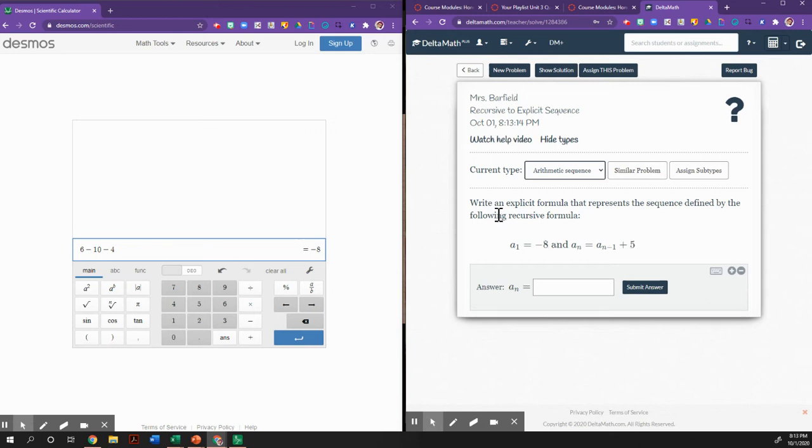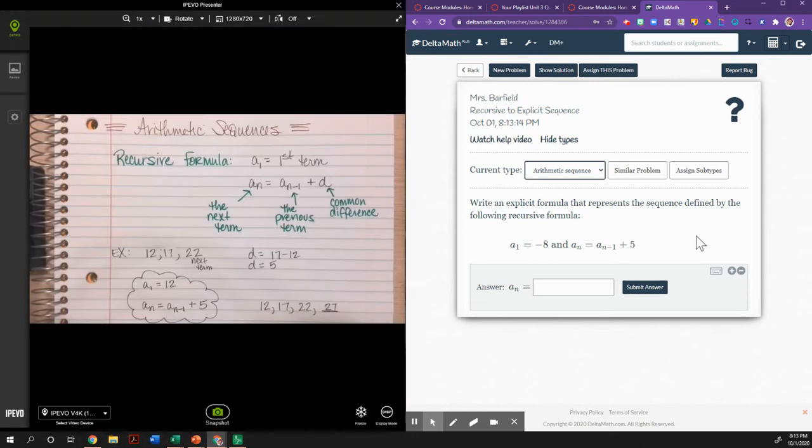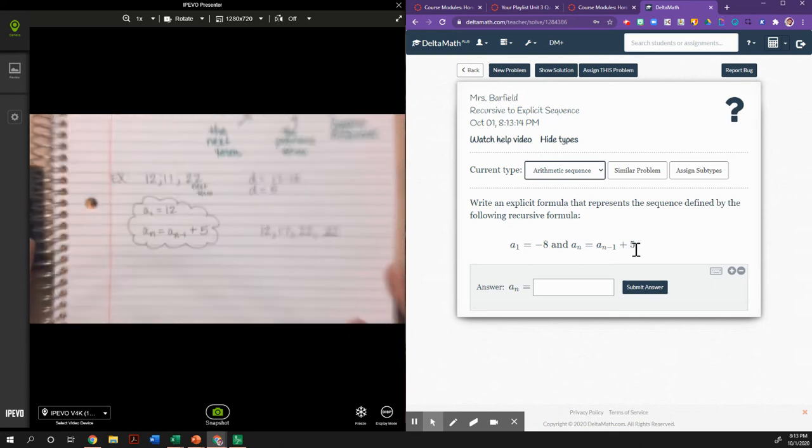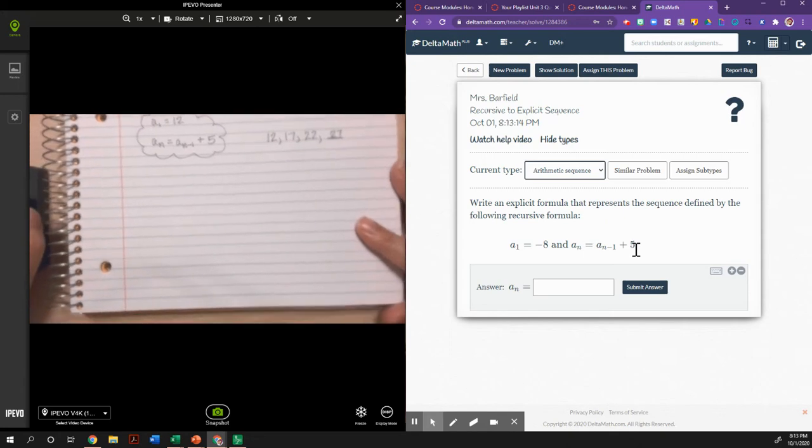It says write an explicit formula that represents the sequence defined by the following recursive formula. So a sub 1 equals negative 8 and a sub n equals a sub n minus 1 plus 5. Now it may not seem like we have all the information that we need, but we do.